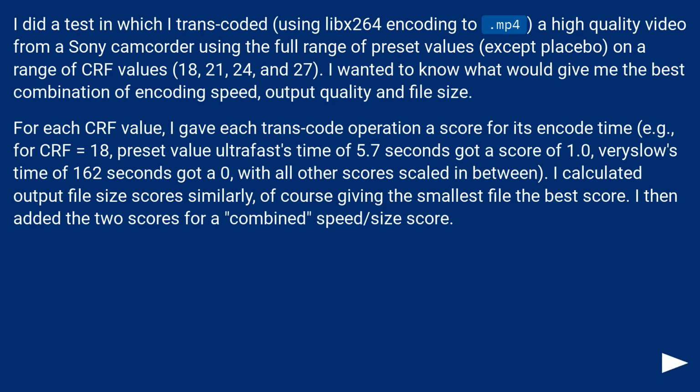For each CRF value, I gave each transcode operation a score for its encode time. For example, for CRF equals 18, preset value ultrafast time of 5.7 seconds got a score of 1.0. Veryslow's time of 162 seconds got a 0, with all other scores scaled in between. I calculated output file size scores similarly, of course giving the smallest file the best score. I then added the two scores for a combined speed/size score.